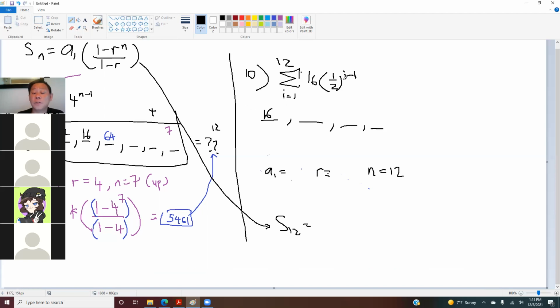Plug 2 in here, what do you get? 8, because you divide by 2. And plug 3 in here, what do you get? 4. So you notice that your A1 in this case is 16. And your R in this case is what? What's the common ratio here?